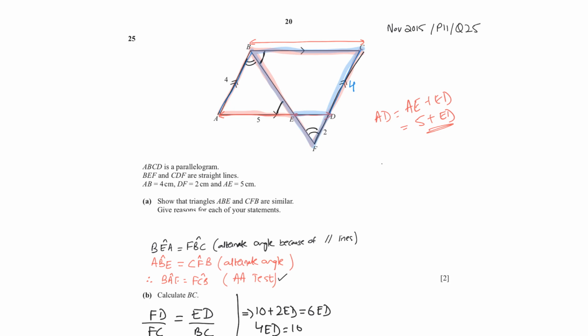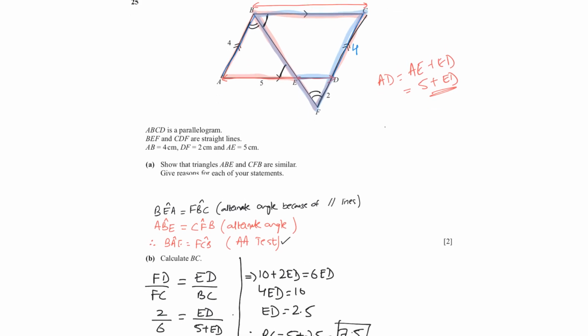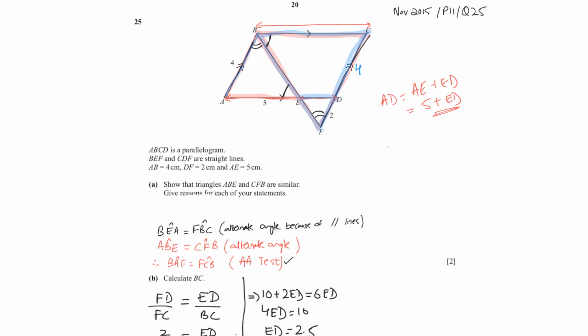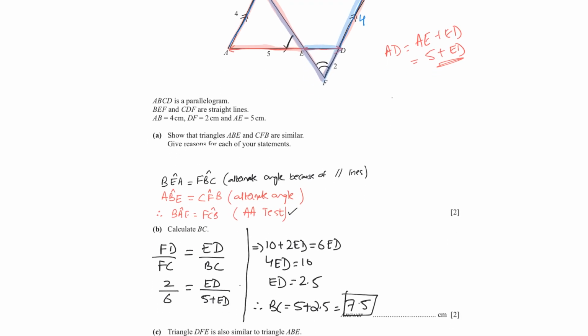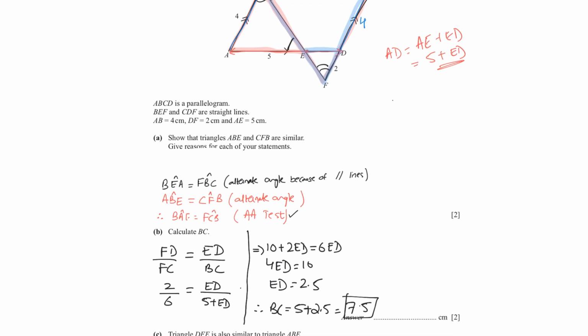So, the ratio of FD upon FC must be equal to ED upon BC, and as from the diagram you can see that the values are 2 and the value of FC is 6, ED is unknown and BC can be split up into 5 plus ED, and you can solve for ED which comes out to be 2.5.